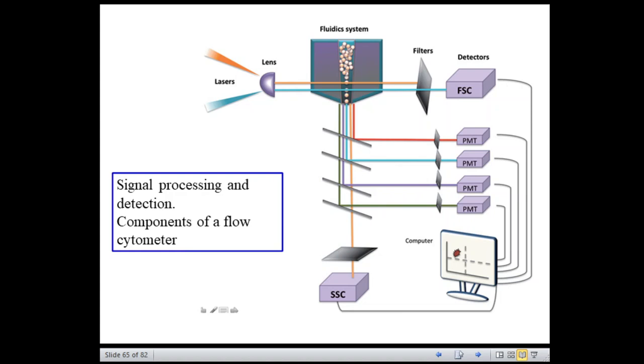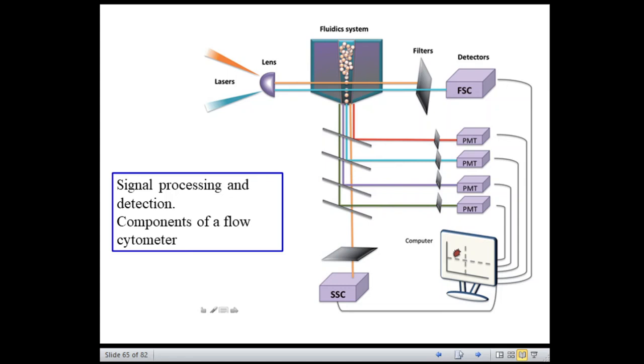Therefore, the photodiodes detect the stronger light signals which are generated by the forward scattering, whereas the photomultiplier tubes are commonly used to detect the weaker signals which are generated by side scattering and fluorescence. So there are two variations for the two detectors.